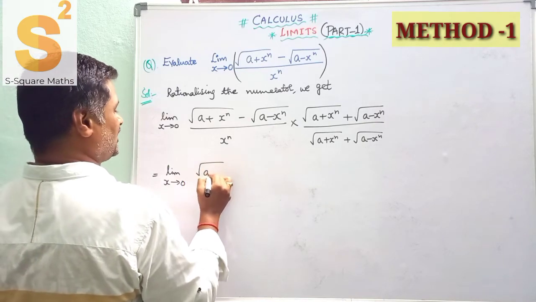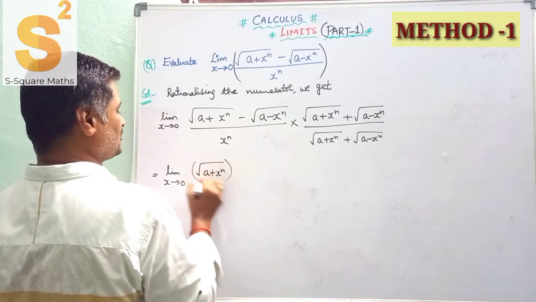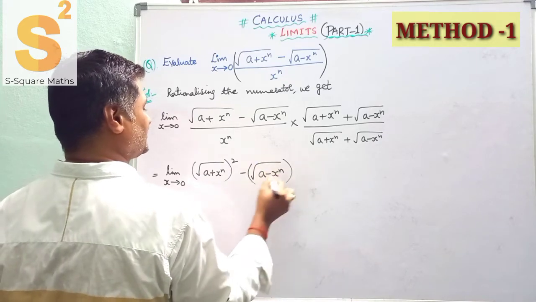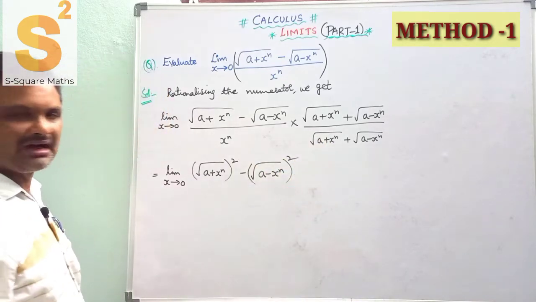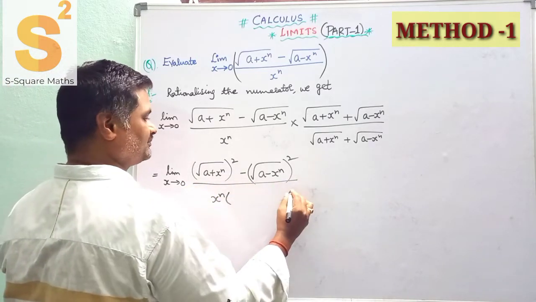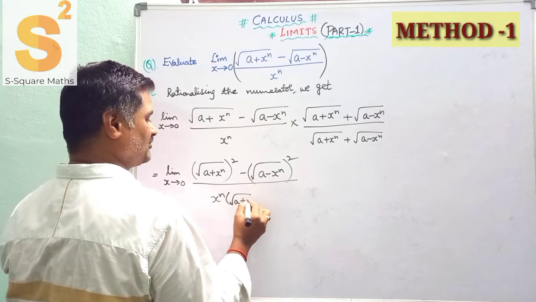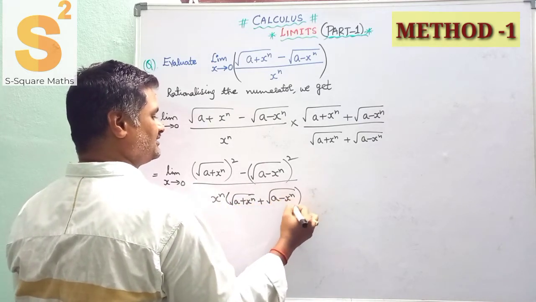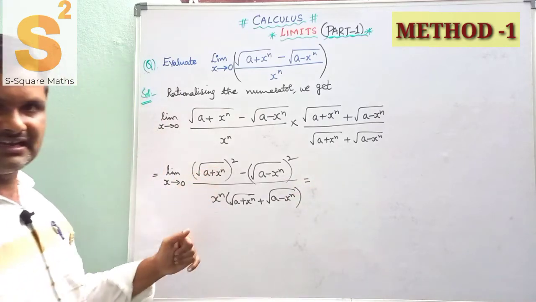So that I can write now limit x tends to 0: root of (a plus x power n) whole square minus root of (a minus x power n) the whole square, by x power n into the same root of (a plus x power n) plus root of (a minus x power n). So square and root get cancelled.